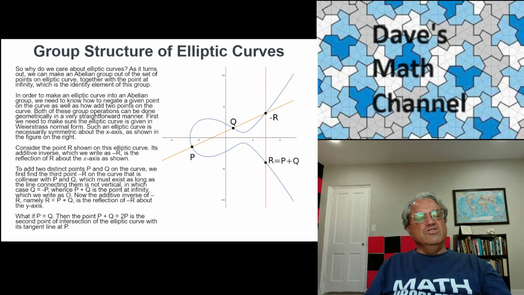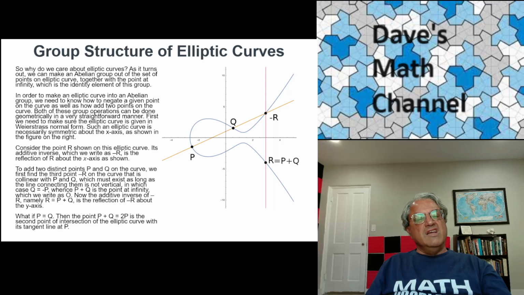Since elliptic curves are smooth and continuous, there's always a tangent line. That's a line that just touches the elliptic curve. But then you extend the tangent line, and it always turns out there is another point on the elliptic curve that intersects that line, and then you have to negate that point again.